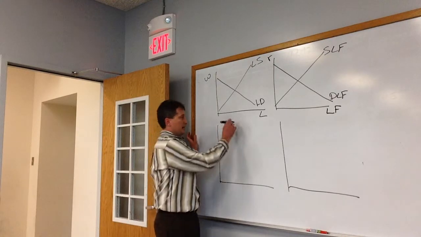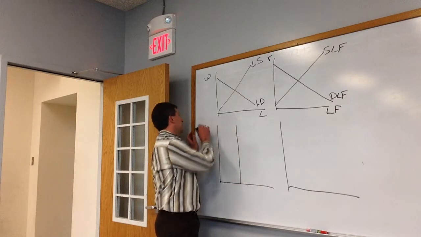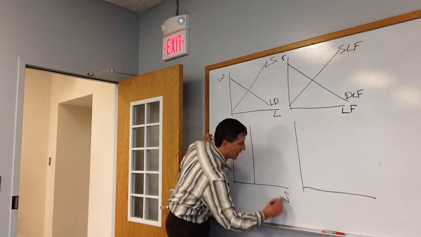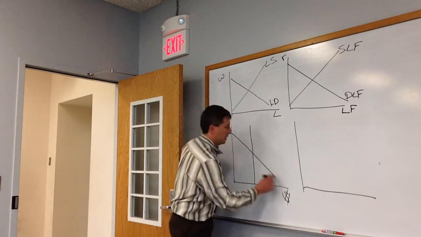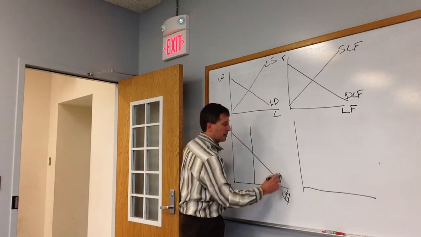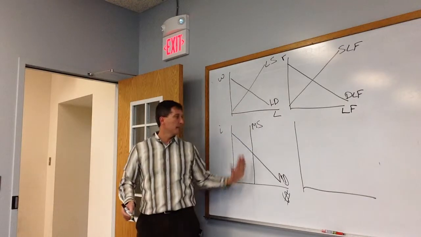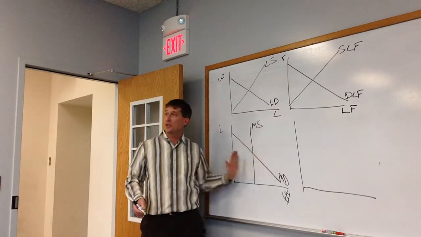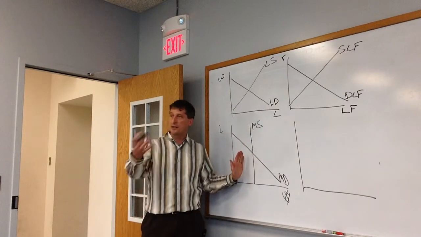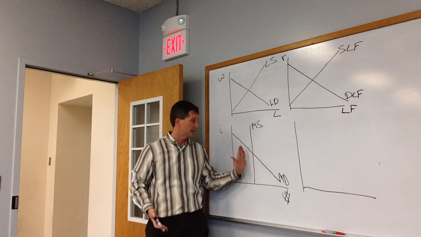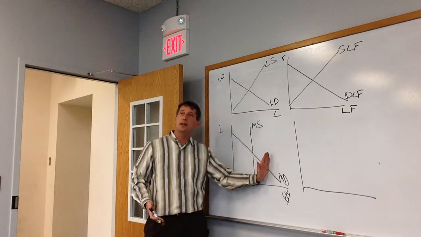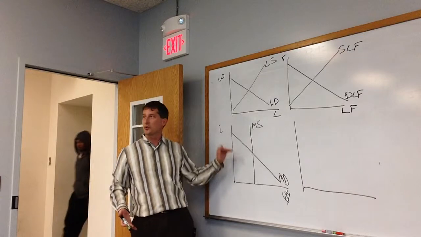Then we dropped down into the money market, and we had the demand for money and the supply of money. The supply of money was vertical because of the reasons we just talked about, that the Federal Reserve at its discretion can change policy to increase the supply of money or decrease it, right, to change interest rates.